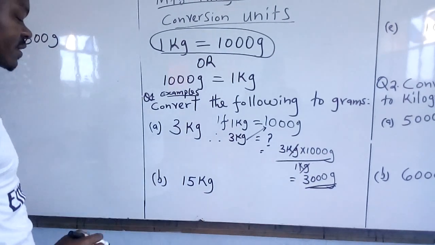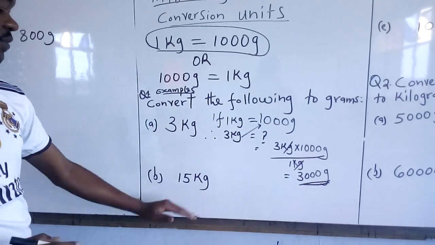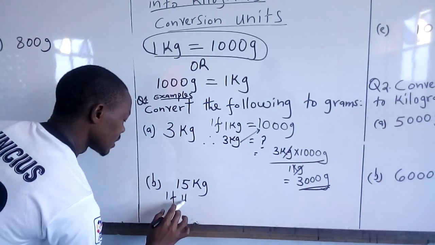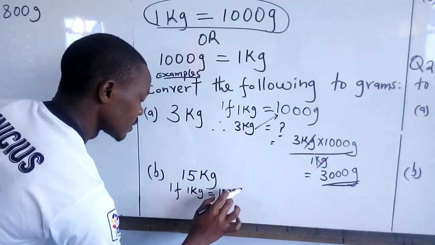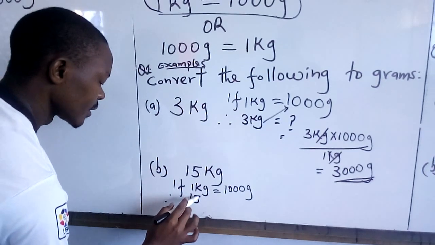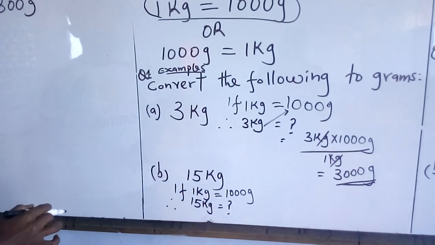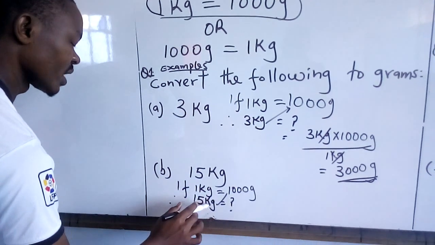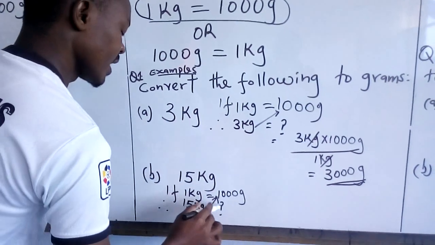Let us look at this other one. 15 kilogram. How are we going to convert 15 kilogram into grams? We are going to say if 1 kilogram is equal to 1000 gram, what about 15 kilogram? You should simply cross multiply 15 kilogram by 1000 divided by 1 kilogram.